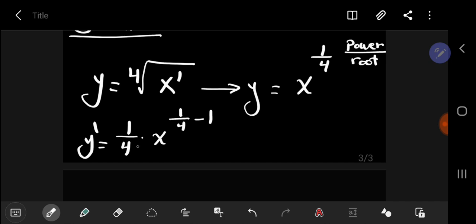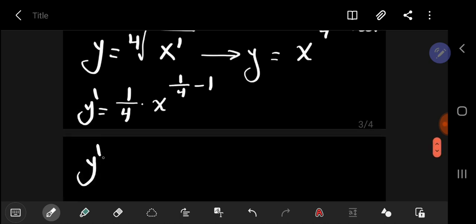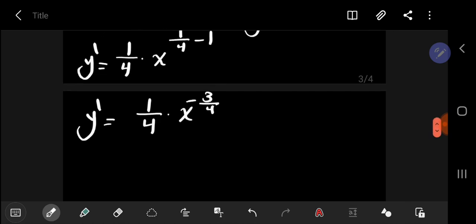1 over 4 is the new power multiplied by x to the same power, 1 over 4, minus 1. Always I say minus 1. So y prime equals 1 over 4 multiplied by x to the power minus 3 over 4. In the exponents, I don't accept negative exponents.